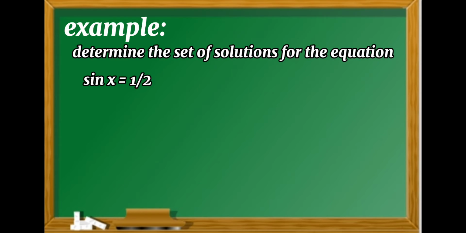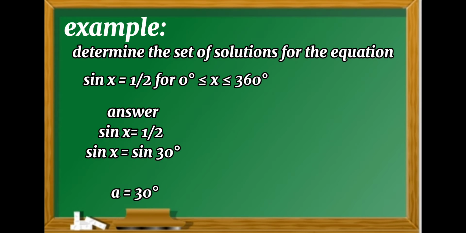Here, for example, we want to determine the solution set of the equation sin x equals half, for 0 degrees less than x less than 360 degrees. So we will determine the angle x that satisfies the equation sin x equals half, with the note that x must be in the range 0 to 360 degrees.